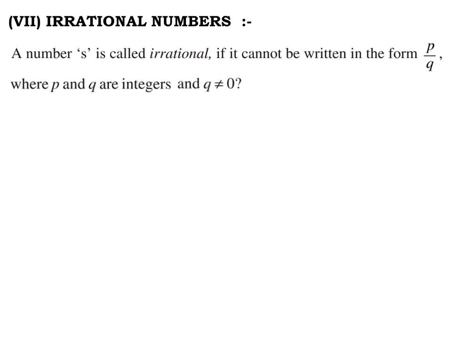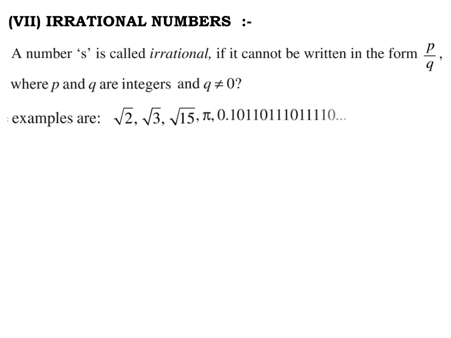Simply, those numbers which are not rational are called irrational numbers. Examples are root 2, root 3, root 15, pi, and 0.10110111011110... These types of numbers are called irrational numbers.